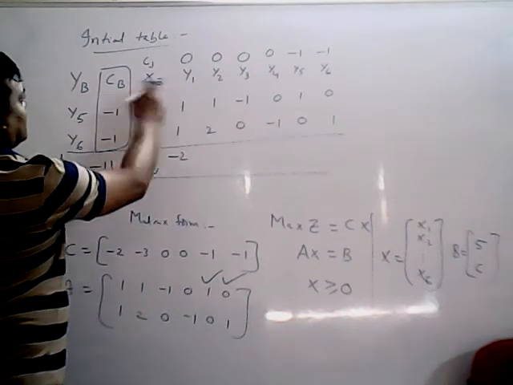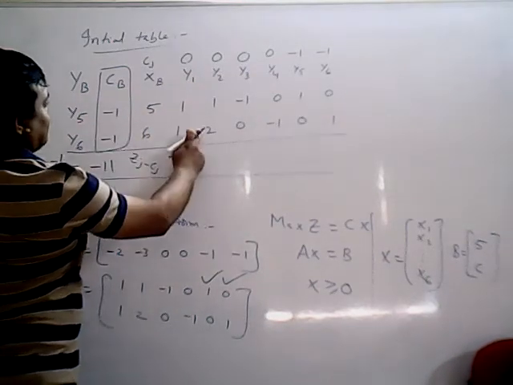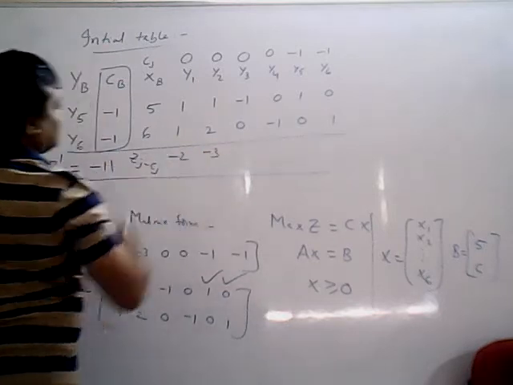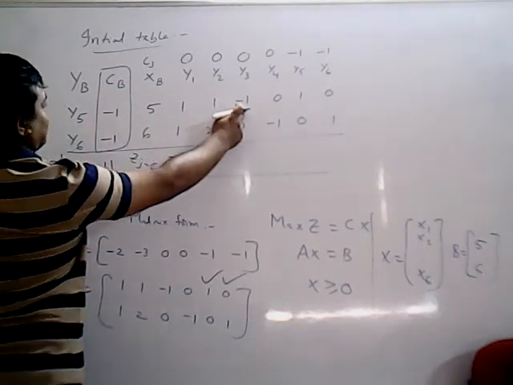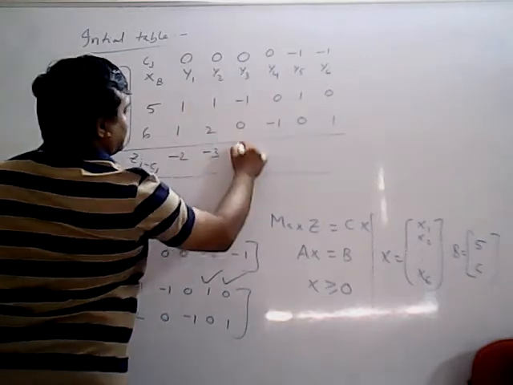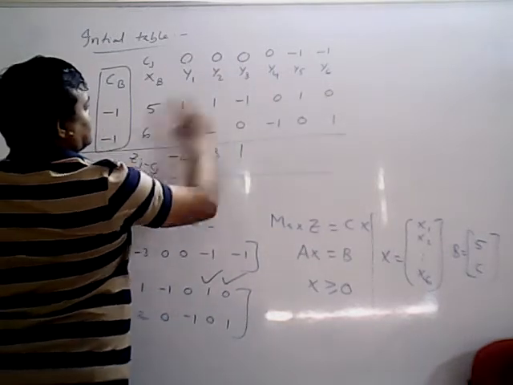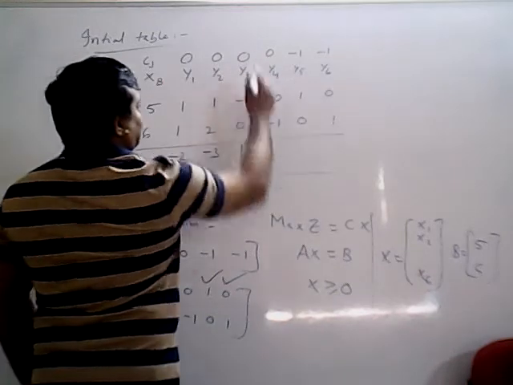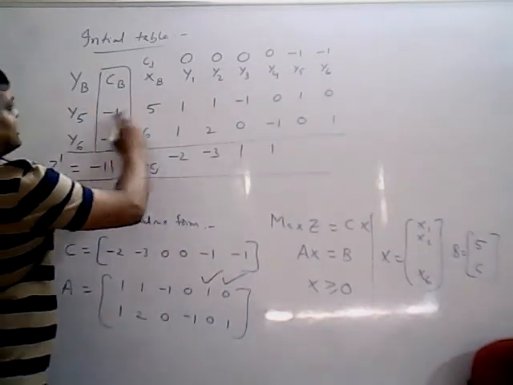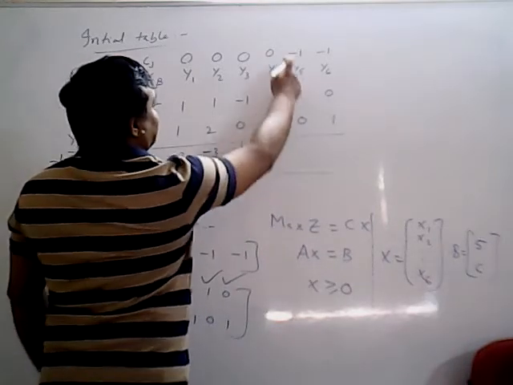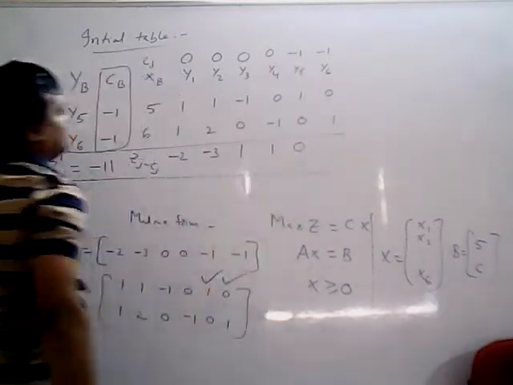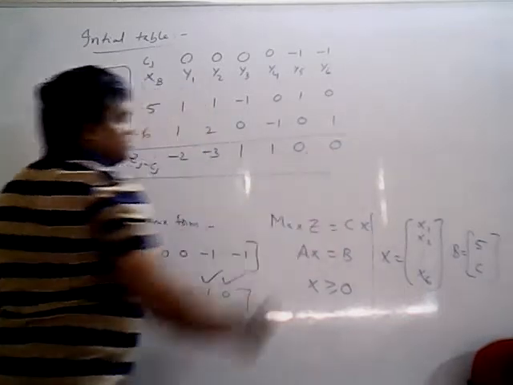Next, CB into y2: -1 into 1, -1 into 2, -3, -0, -3. Next, -1 into -1 plus 1, this is 0. 1 minus 0, 1. Next one is 0 plus 1 plus 1 minus 0, 1. Next, -1 into 1, -1. This is 0. So -1 minus of -1, -1 plus 1, 0. This is also -1 plus 1, 0.